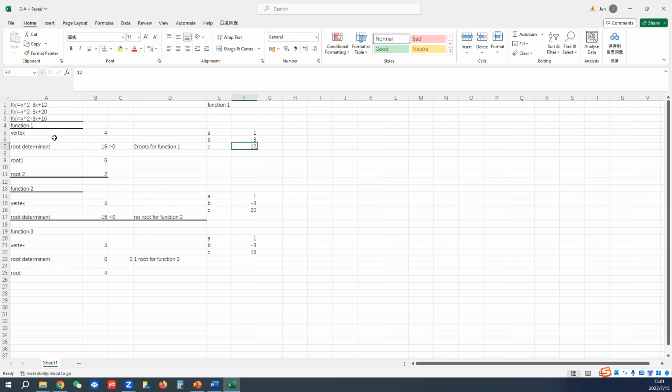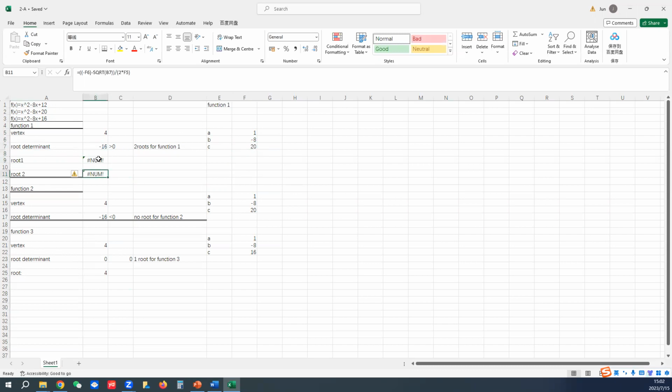Also, another magic that I want to show you is, previously we have this setup. Actually, I'm just doing this step by step to show you the comparison. But say from function 1 to function 2, the only thing that changes is the term c. Actually, if you change the term c here, you should get the result automatically.